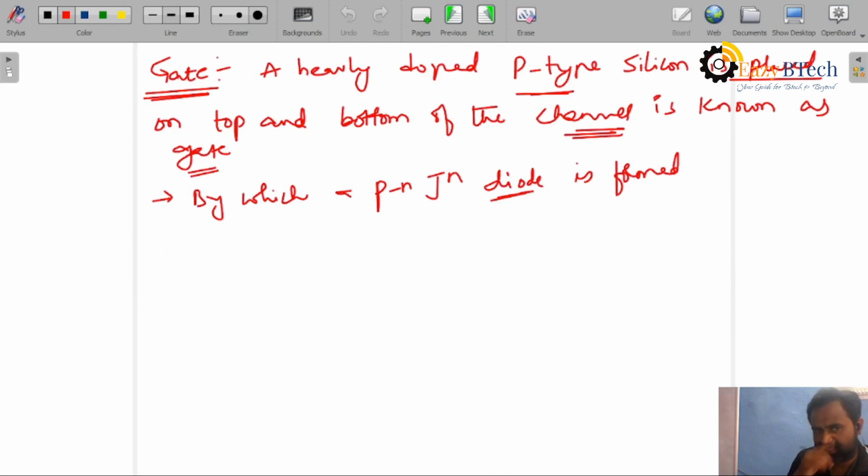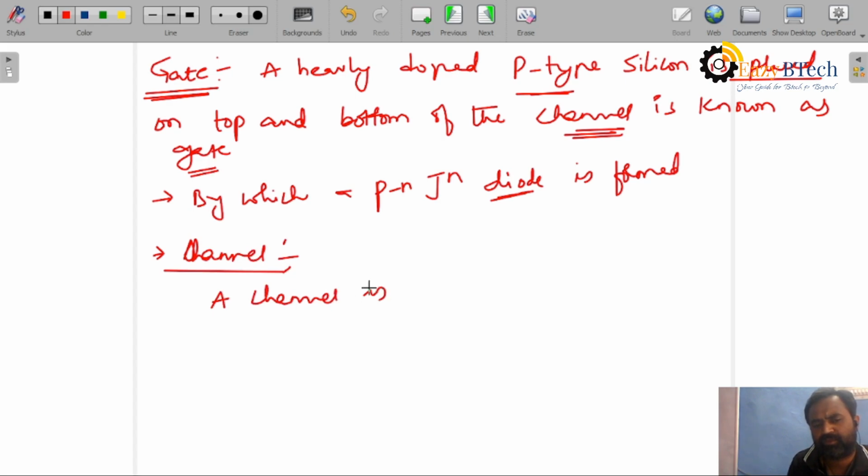Okay students, this is about the gate. The next one is the channel. A channel is a negative or N-type semiconductor material.